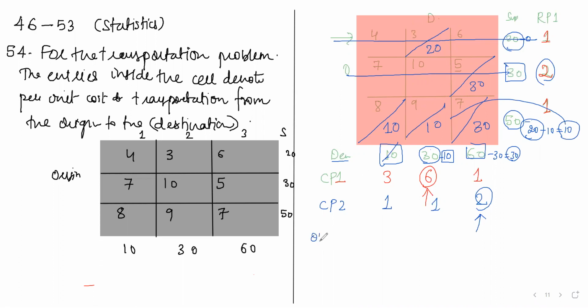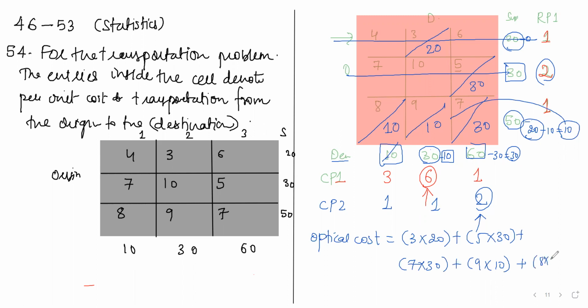Now just take the multiplication of all the values. That means optimal cost will be equal to 3 into 20 plus 5 into 30 plus 7 into 30 plus 9 into 10 plus 8 into 10. If you add, you get 60 plus 150 plus 210 plus 90 plus 80.